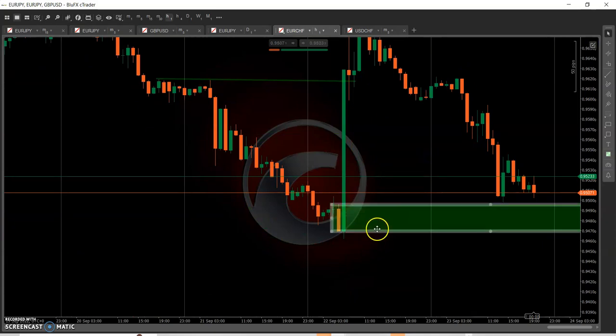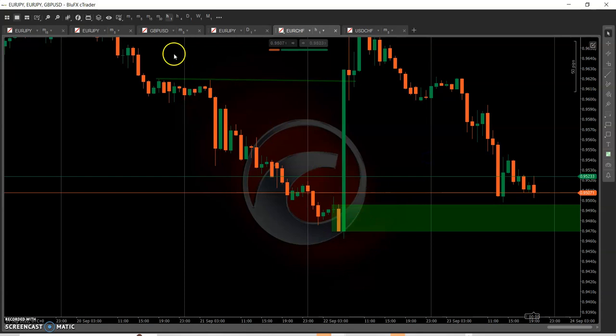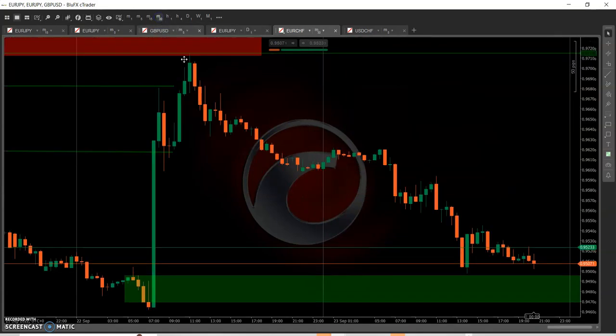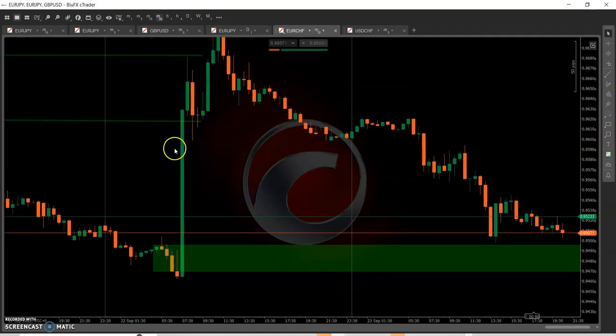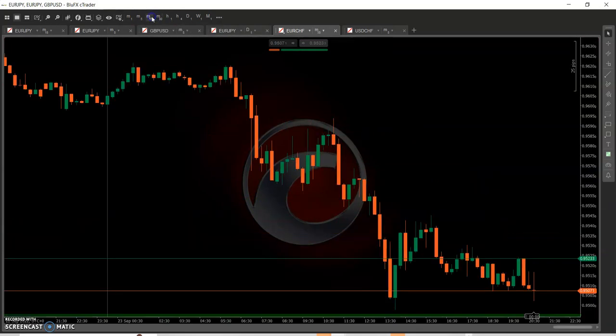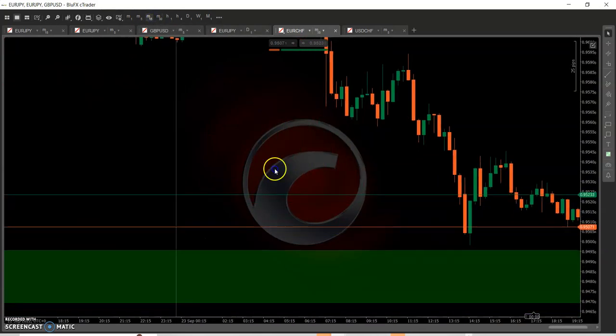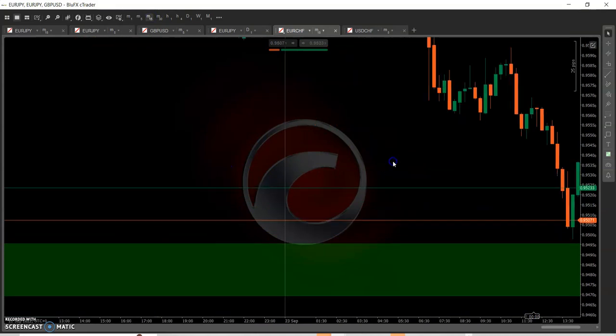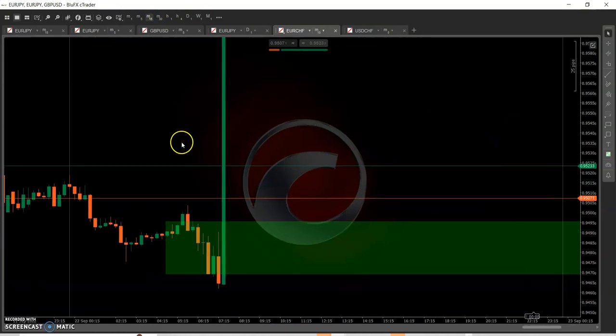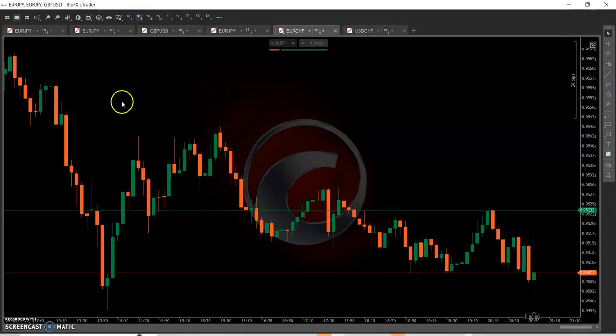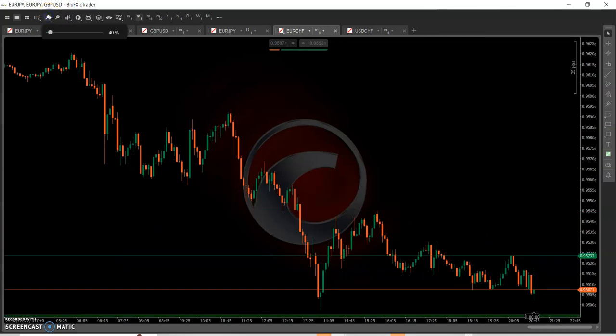Since this is the entry point, let's go down the chart and see where we have a better entry. We keep going down to see where the entry is. Okay, 15 minutes, 5 minutes.